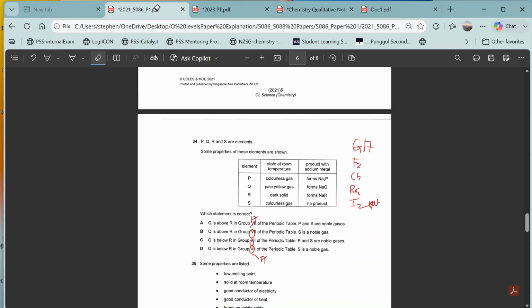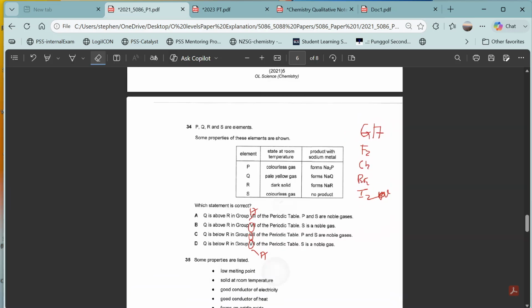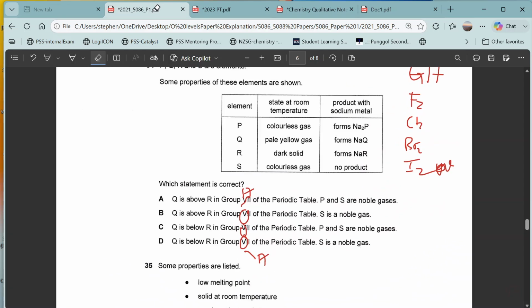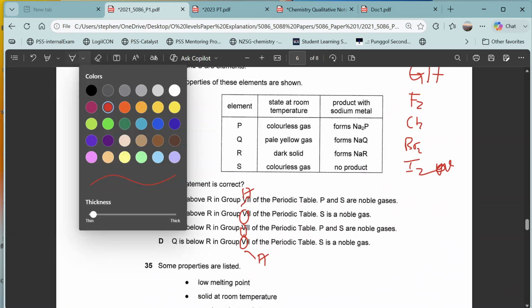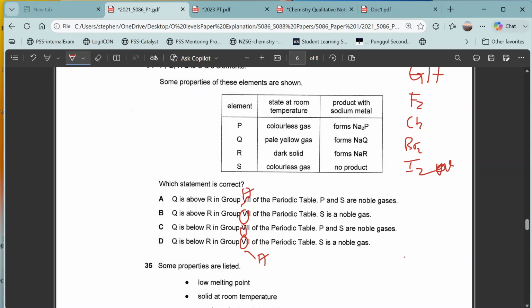You cannot erase. Never mind. Okay, so R is darker in color. So that means R must be below.